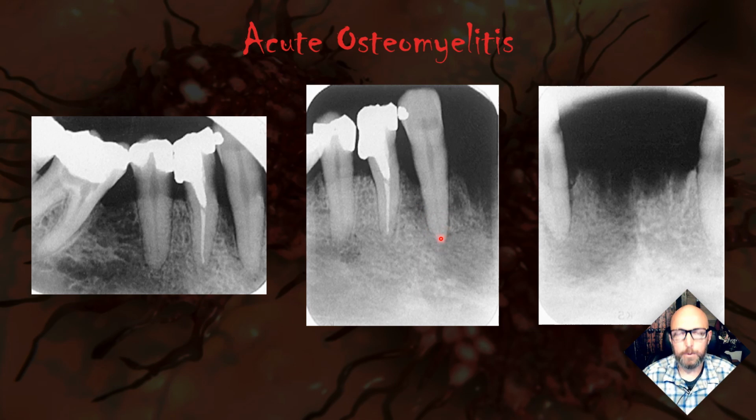And I see that everywhere. And so that may be one hint that this is not a malignancy, that this is an acute osteomyelitis. But when you see that ill-defined nature of a radiolucency that looks like it's invading into the bone, it is something that should raise those red flags in your head to start thinking this is a possible malignancy.